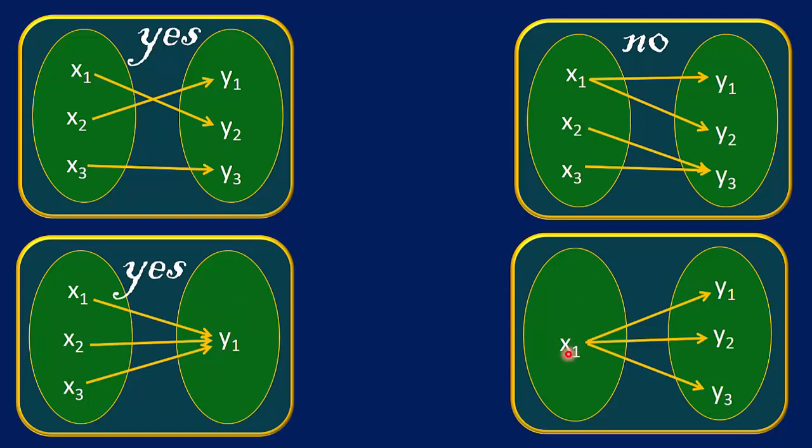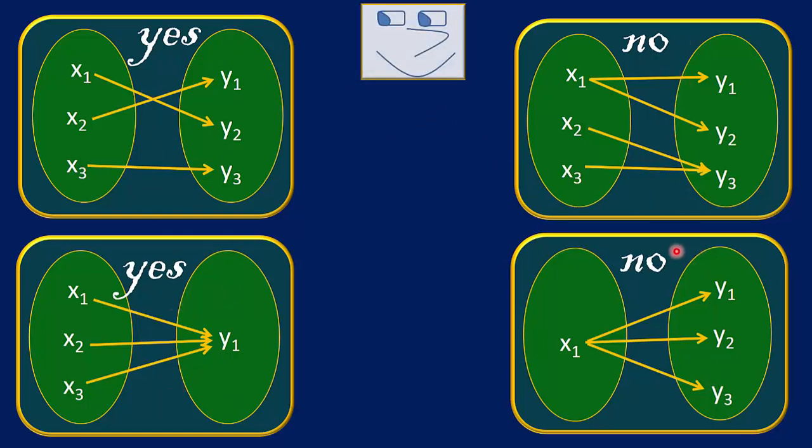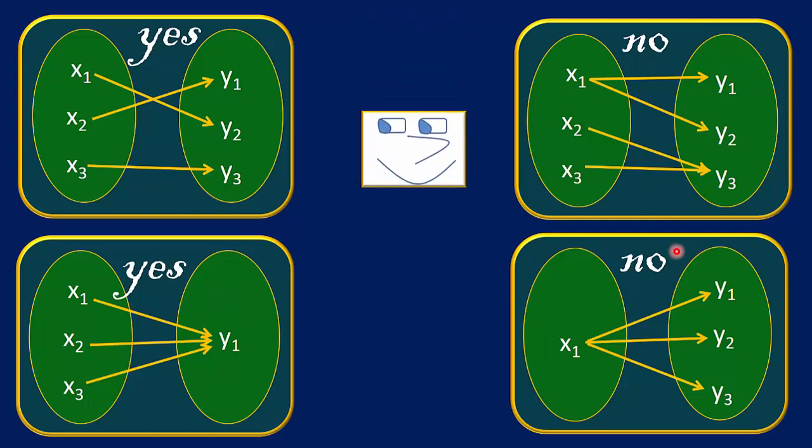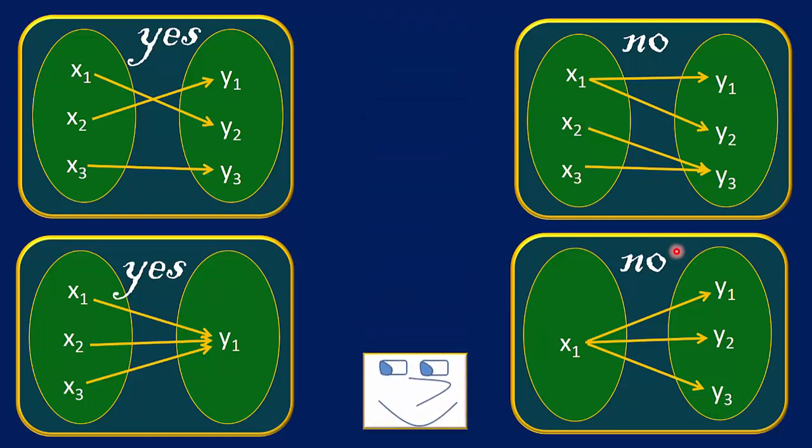Now let's look at this one. x1 corresponds to three things. Well, that's certainly not a function. So over here we have two functions, and over here, neither of these are functions. This gives you an idea. When we talk about a function, we're being specific. Every input gives you exactly one output.